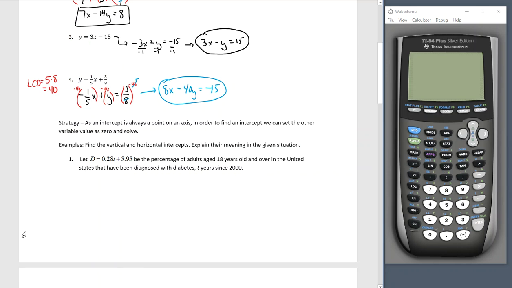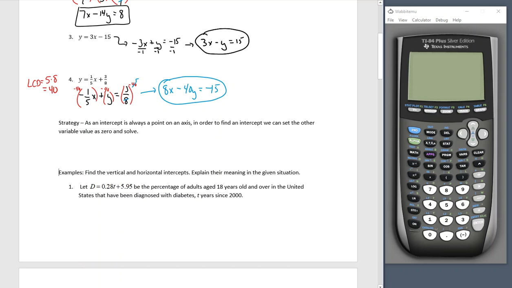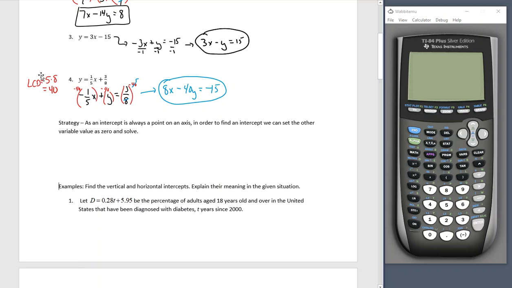Let's think about this. If I have a coordinate axis, here's my x-axis, and if I have a point on the x-axis, notice there it did not go up, it did not go down. My y value is 0.